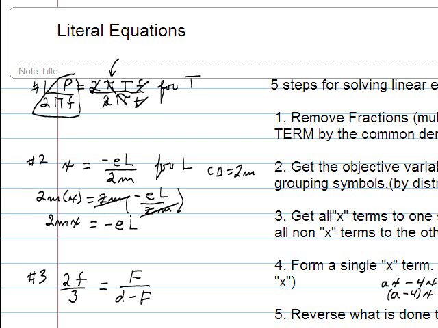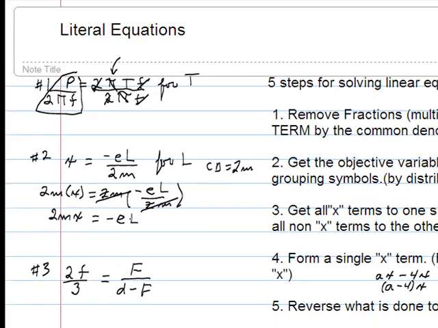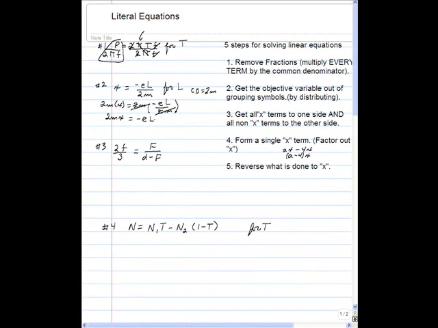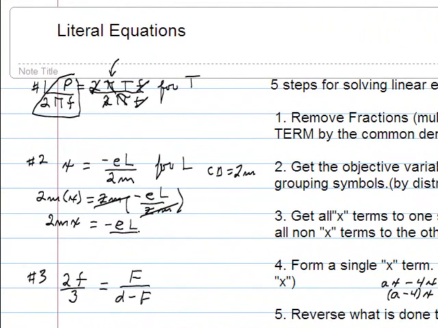And get your non-L terms to the other side. I have one non-L term, and it's on the other side already. So I don't have to do step 3. Step 4 again says form a single L term, and this is a single L term. And step 5 says reverse what's done to L, and L is multiplied by negative E, so I divide by negative E.